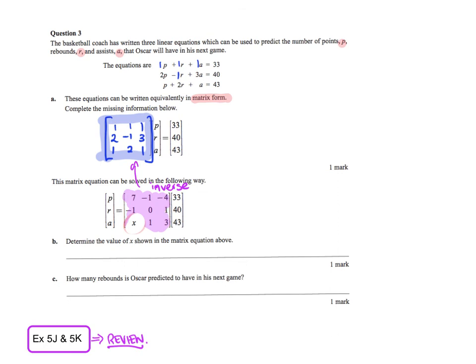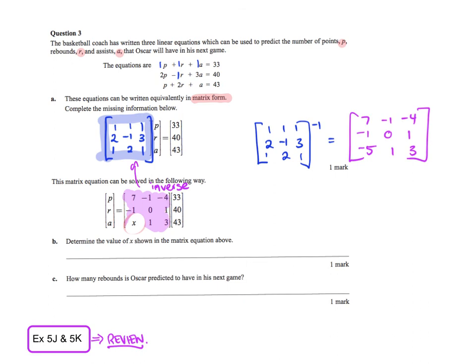Okay, so I've popped this into the calculator to the power of -1, and I end up with this matrix, 7, -1, -4, -1, 0, 1, -5, 1, and 3.